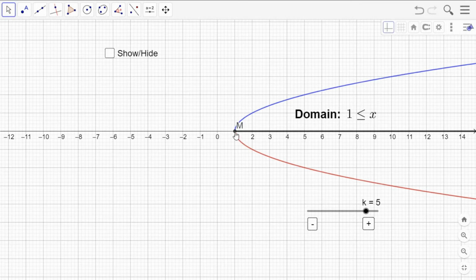And remember, m is included in this case, and therefore x is greater than or equal to 1, or we can write x is an element from 1, including 1, up to infinity. And remember, we've got an open bracket for infinity because we can never include infinity since it is not a definite number.